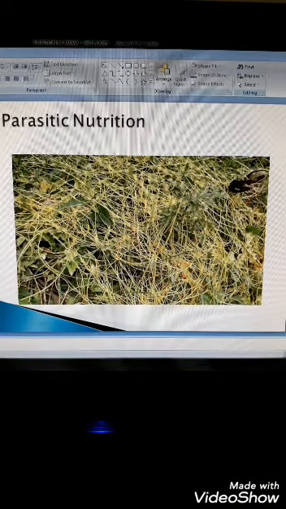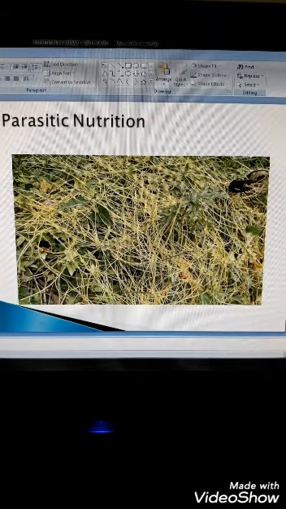There are two types of parasites, that is the total parasites and partial parasites. Total parasites are completely dependent on the host for food and water. Partial parasites are those plants which are green in color, so they make their own food, but for water and minerals they are dependent on their host.